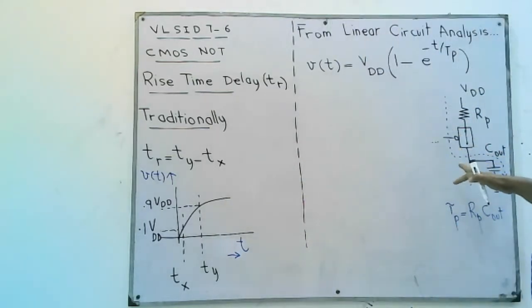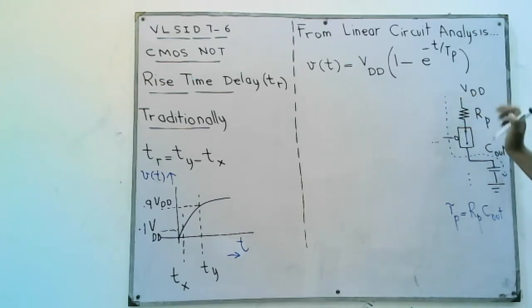This is the way C out is charged through Rp, and this tau p time constant is Rp C out, because the output capacitance charges through Rp. That is why we have written tau p as Rp C out, and it happens when the input is logic 0 and the output is going to be logic 1.